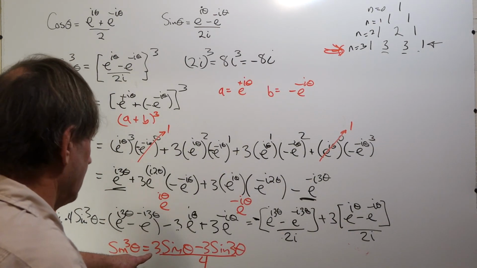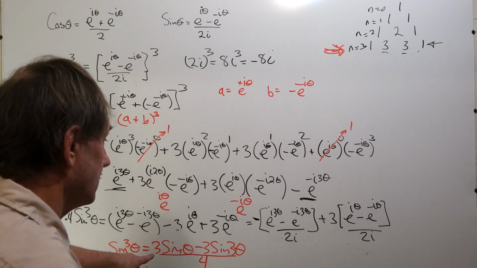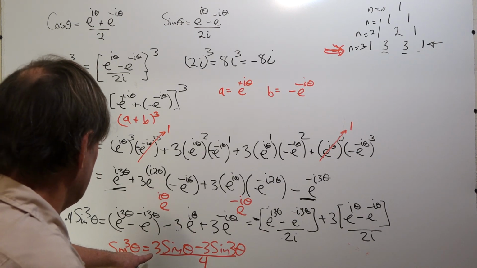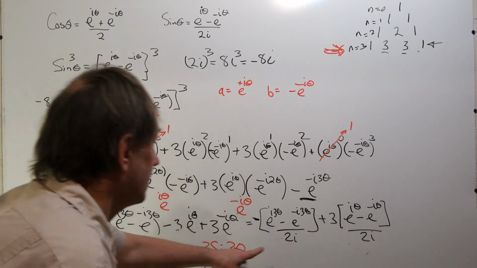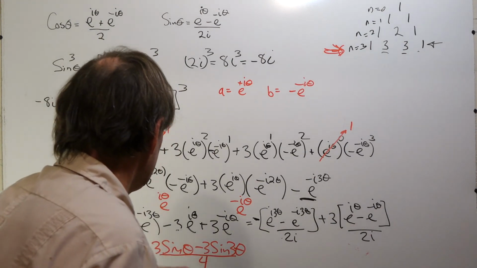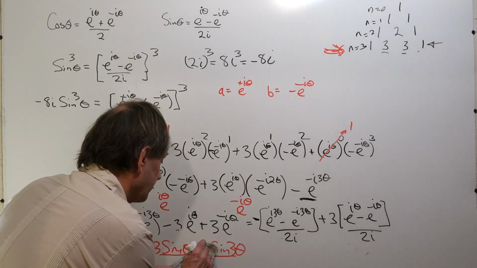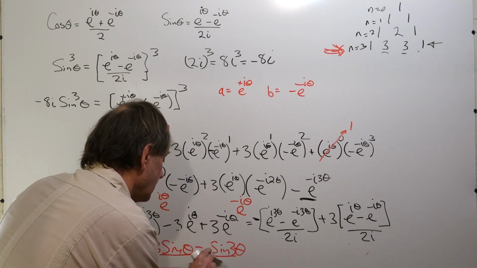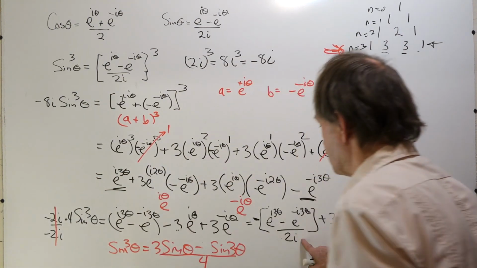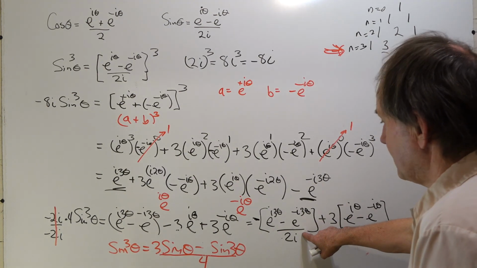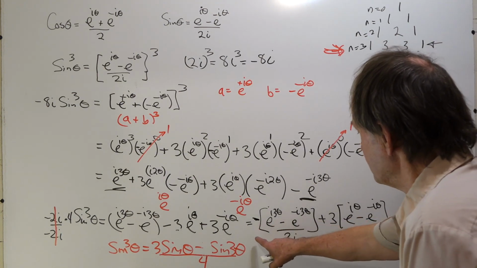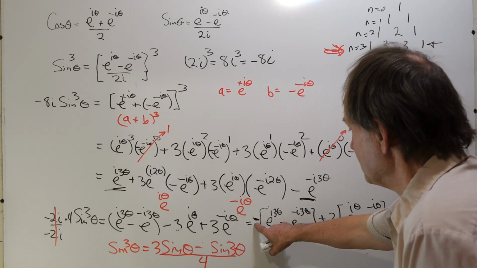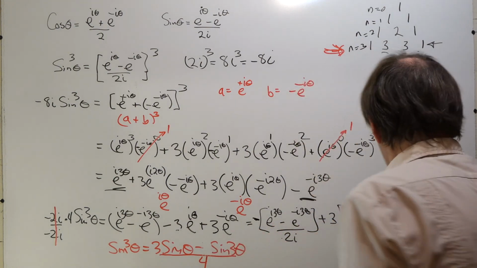What the heck did I do? That has a 3, but this does not have a 3. There's no 3 here. This is the sine of 3 theta, and the coefficient is minus 1, and that's what we have here.